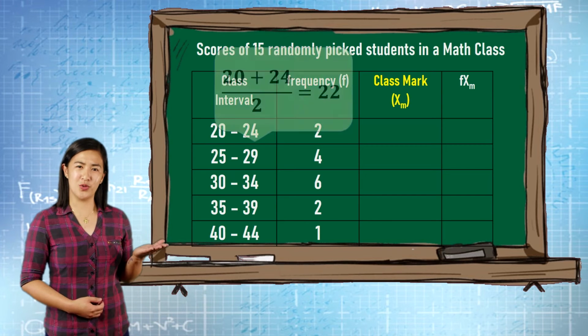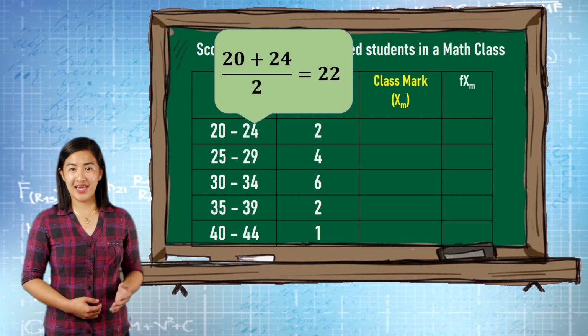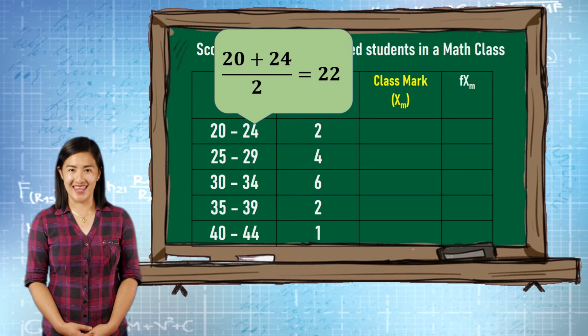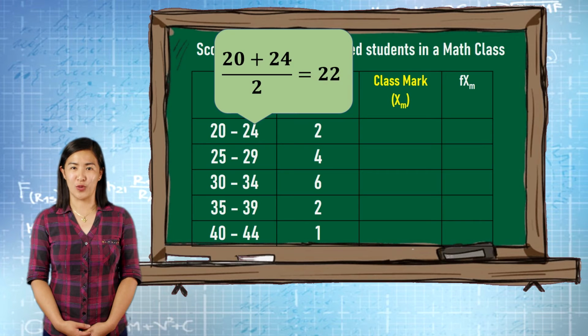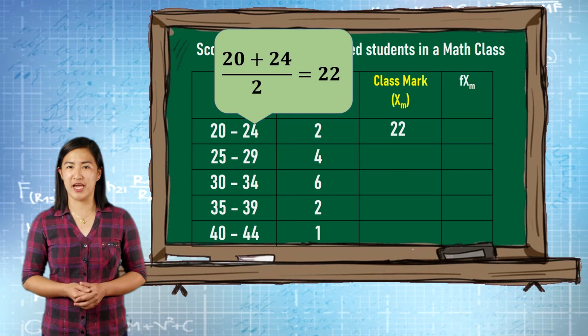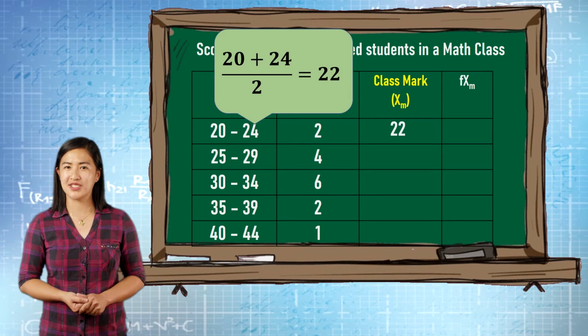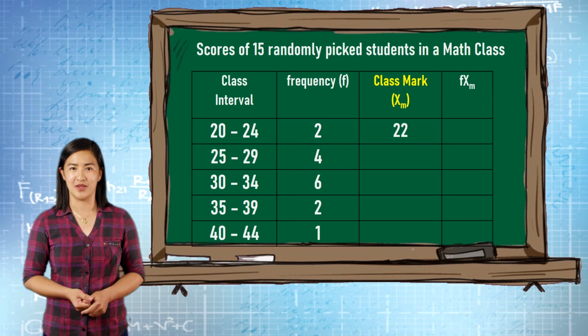In the first row, add 20 and 24. That is 44 divided by 2 equals 22. We are going to do the same process until we reach the last class interval.